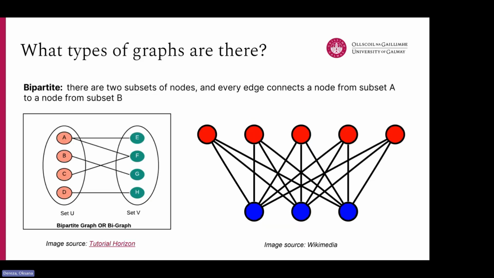Then there are things called bipartite graphs, where you have two different sets of nodes, and every node from set A is connected to a node or nodes from the set B. So there is this bipartite relationship between these nodes. We're not going to work with this today, just so that you know what it is.